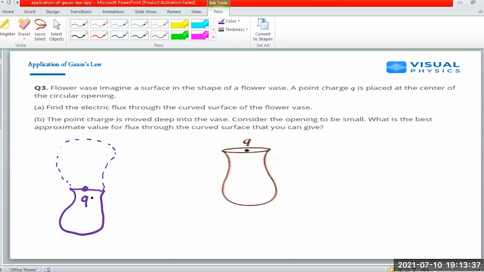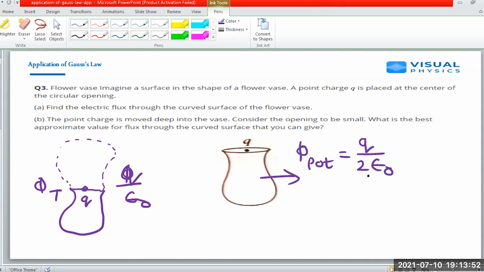So if charge is placed inside this surface, the total flux will be q by epsilon naught. Because it is half due to symmetry, flux of the pot will be half of that, that is q by 2 epsilon naught.